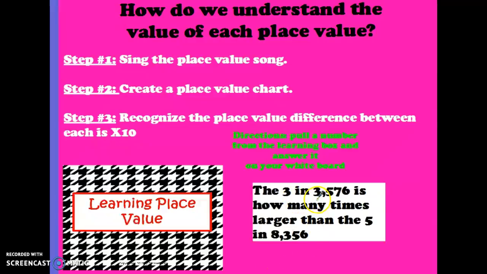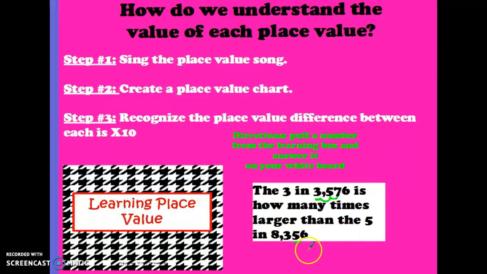The 3 in 3,576 is in the thousands place value, and the 5 in 8,356 is in the hundreds place value. In reality, you would think 10 times, but because you're moving 2 place values over, you're talking about 100 times larger. I know that one was a little bit tricky because we're talking about 10 times and then I switch it up on you.